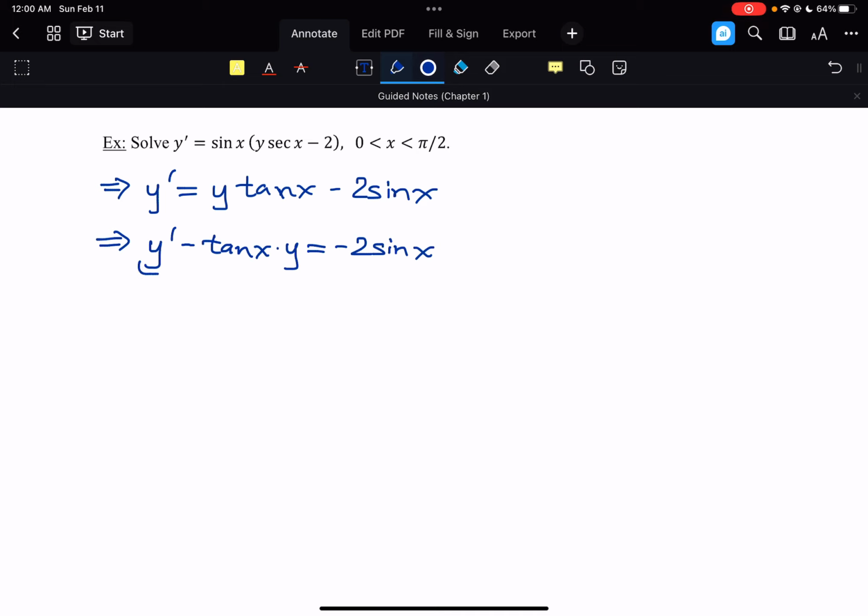And this has the general form of the first order linear: y prime plus a function of x times y equals some function of x. So this gives us p of x will be negative tangent of x. Q of x will be negative 2 sine of x.